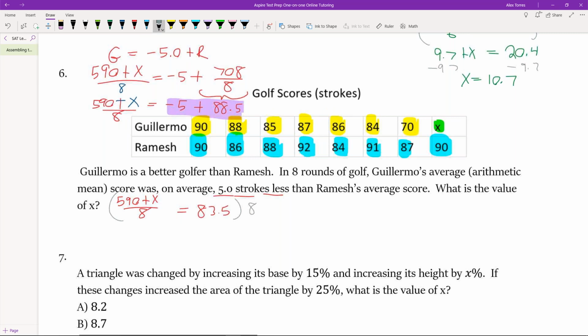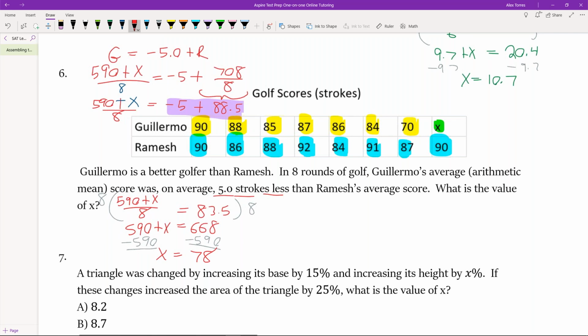Now just multiply both sides by 8. 590 plus x equals 668. And we can take away 590 from both sides. And x comes out to 78.